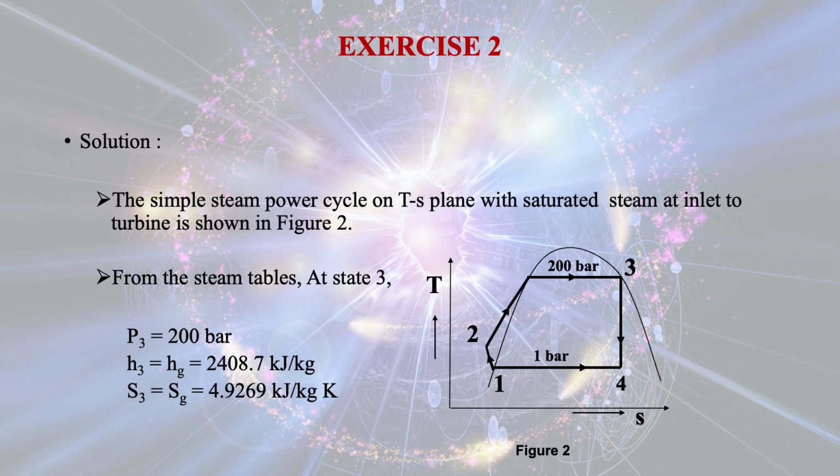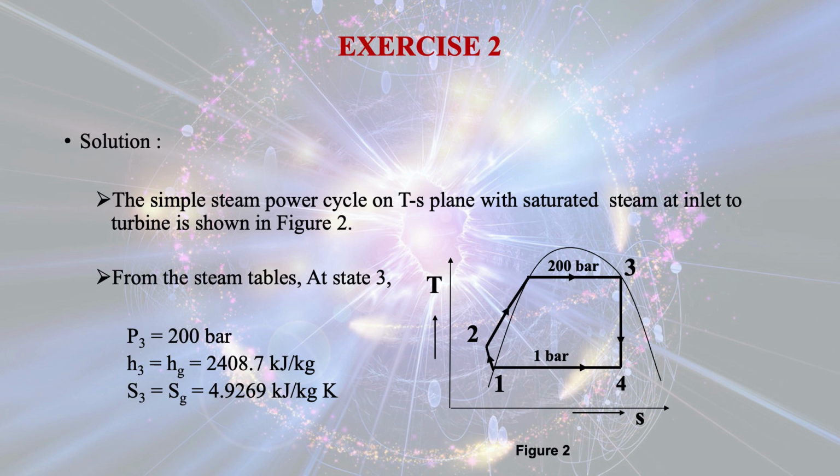Point 3 is the entry point of the turbine and point 4 is the exit point of the turbine, which is also the entrance of the condenser, and point 1 for this particular problem is the exit of the condenser.